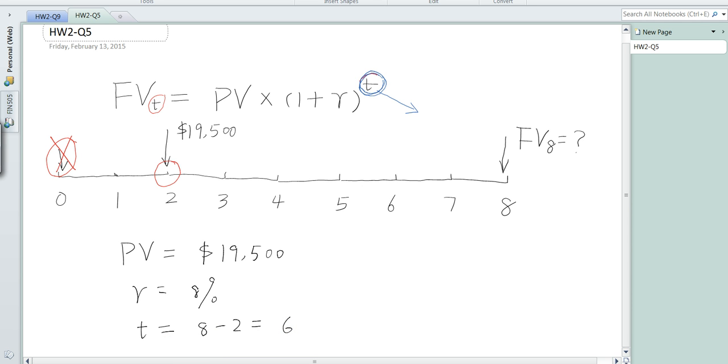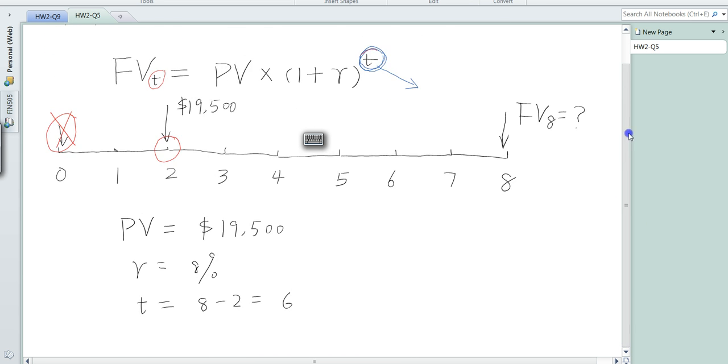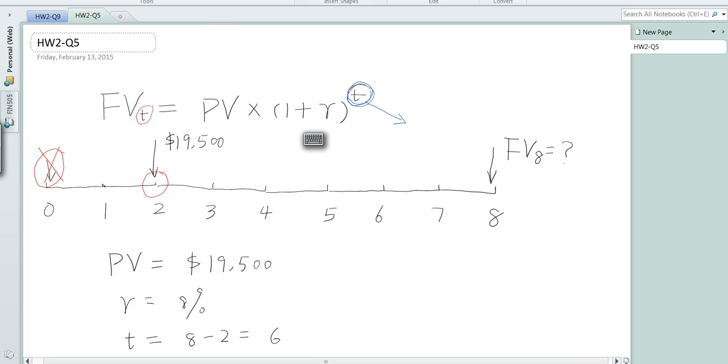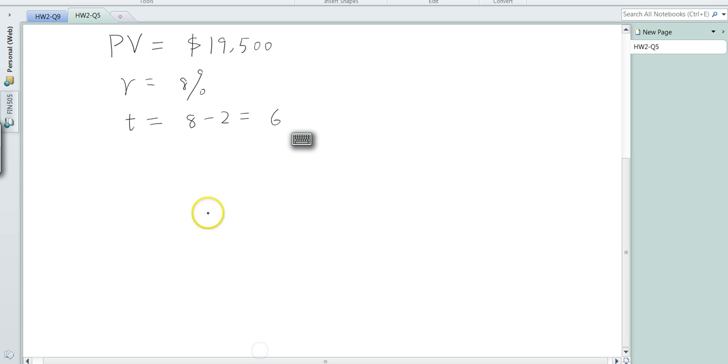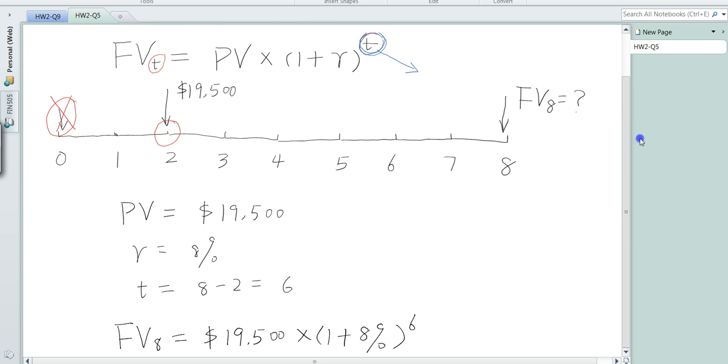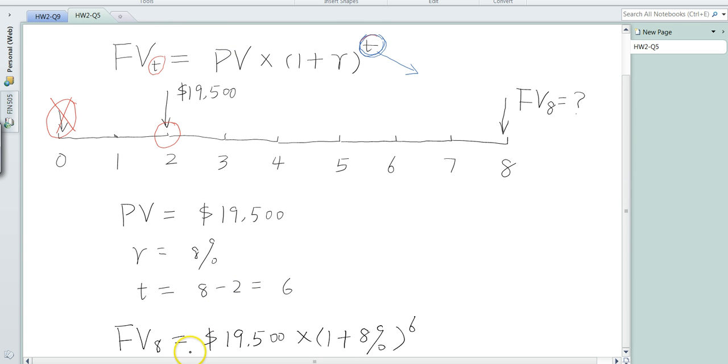Now I can plug in the formula. Future value at year 8 equals present value 19,500 times 1 plus interest rate raised to the power of 6.